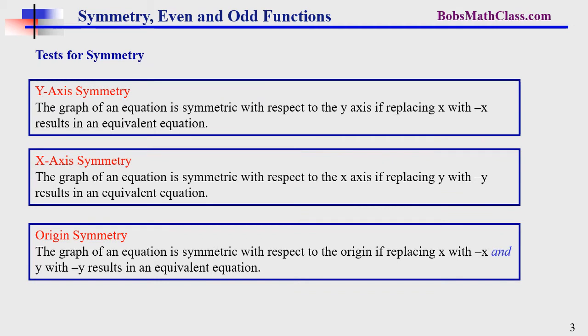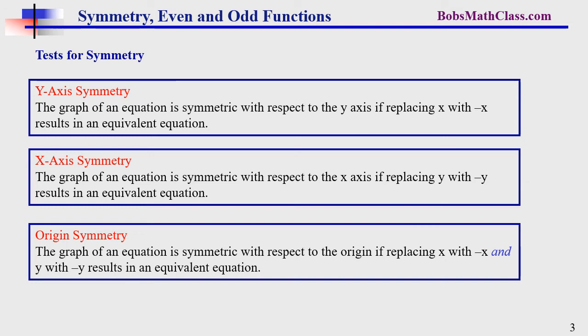Here are the three tests that we're going to use for symmetry: y-axis, x-axis, and origin. The first one is y-axis symmetry. The graph of an equation is symmetric with respect to the y-axis if replacing x with negative x results in an equivalent equation.